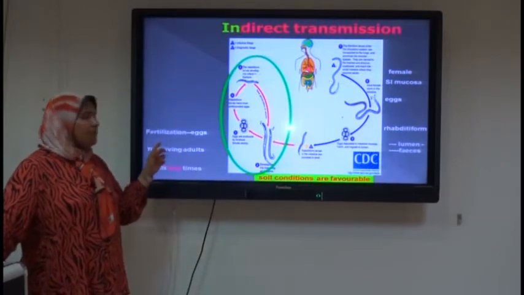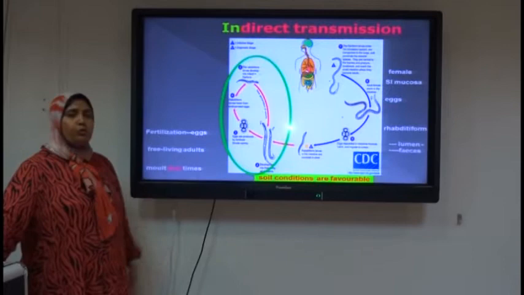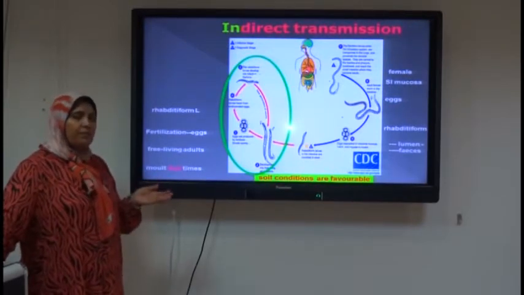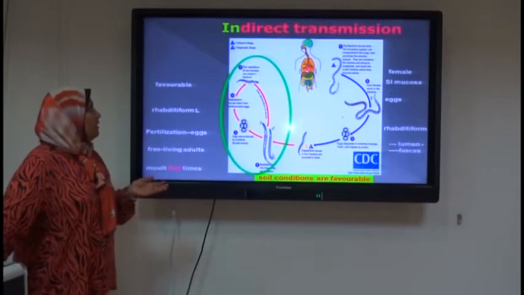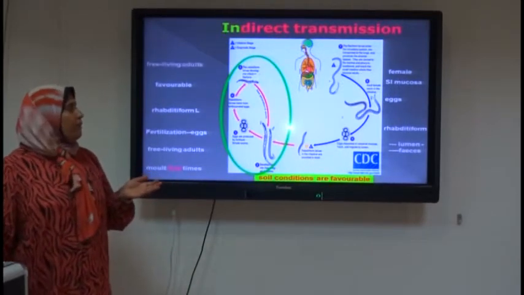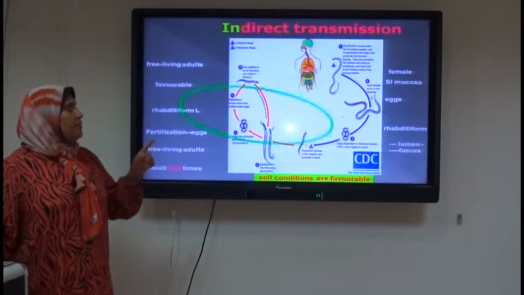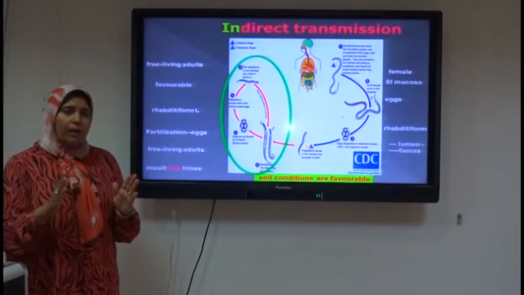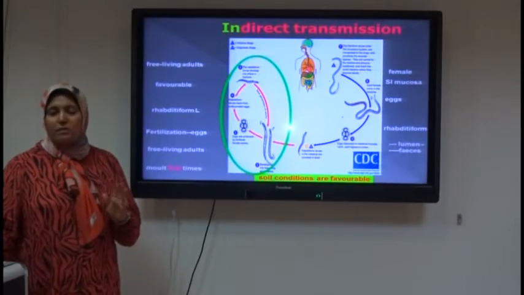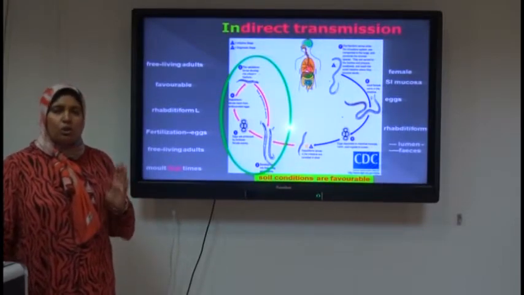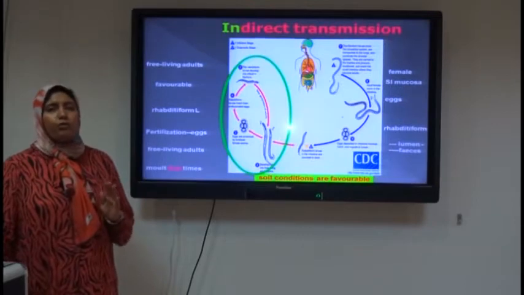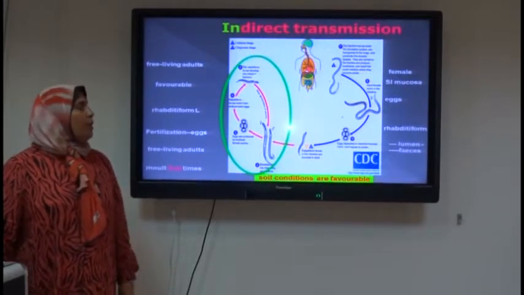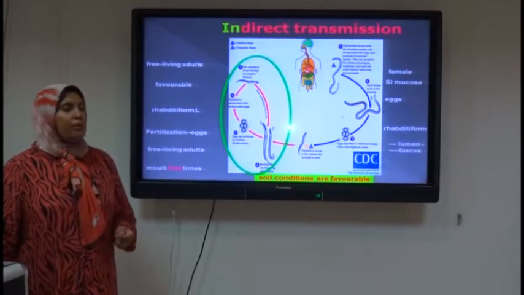So the free living adults, again, will fertilize to produce the same eggs, and the eggs will hatch to produce the rhabditiform larvae, and whenever the conditions are favorable, this cycle will keep on rotating for a prolonged time until conditions are no more favorable. So it can no more divide 4 times or molt 4 times, so it has to search for a host to continue its life cycle.